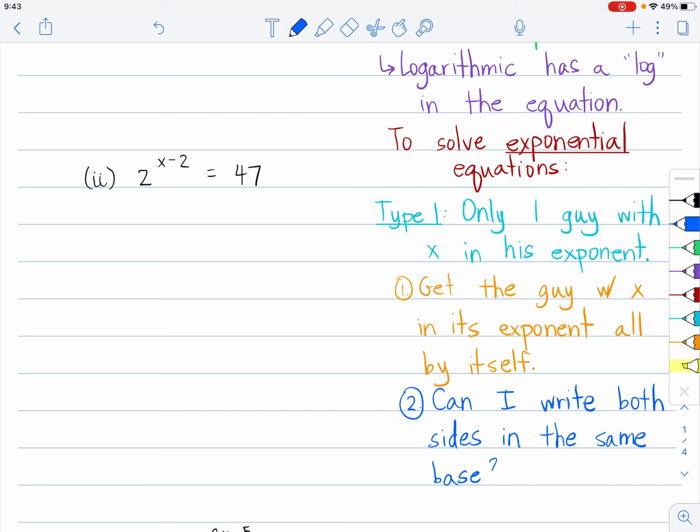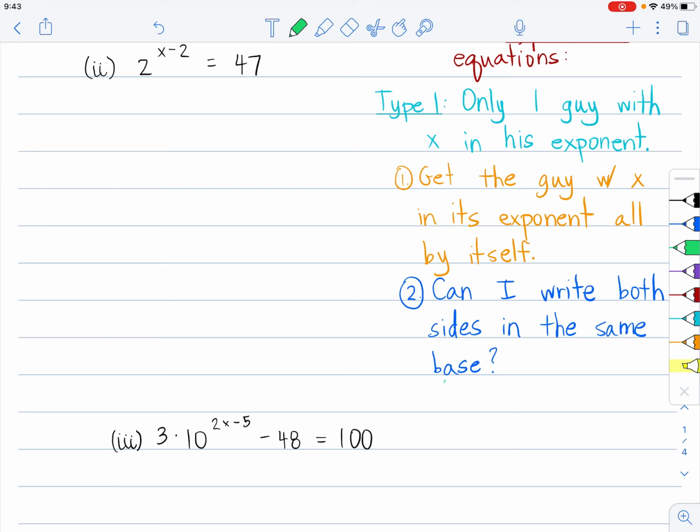Sometimes the answer to that question will be yes. Sometimes the answer to that question will be no. If yes, write both sides in the same base, equate the exponents, finish solving.